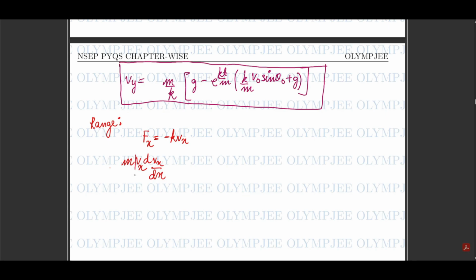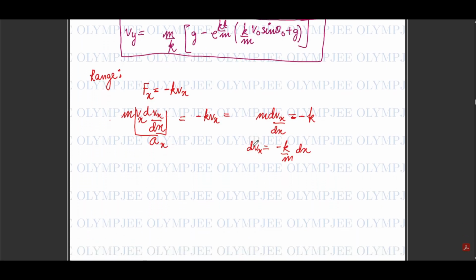This is another form of writing acceleration. It is equal to minus kvx. So this will become m dvx by dx is equal to minus k, and this will further give us dvx is equal to minus k by m dx.